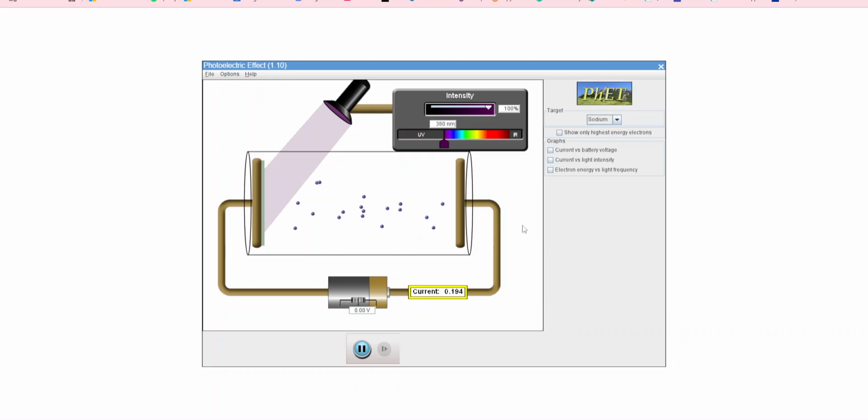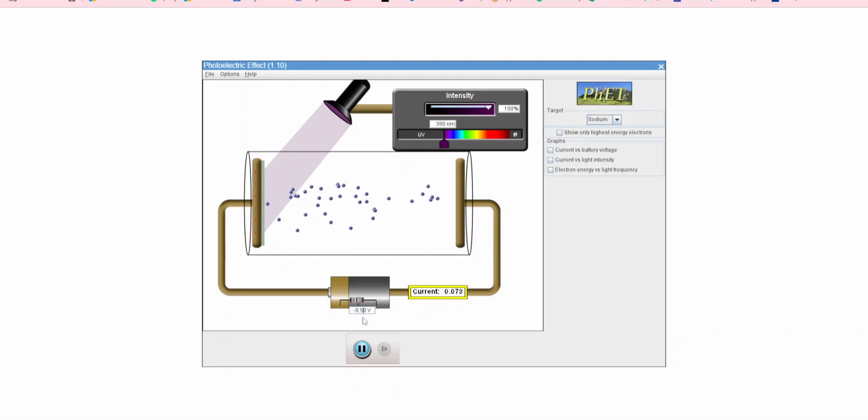And what you can do is measure the current right here, and that tells you something about it. But more interestingly, we can now adjust our voltage to match. So we're going to slowly adjust this voltage so that with the two parallel plates we can balance them and make it so that the electrons never reach the end.